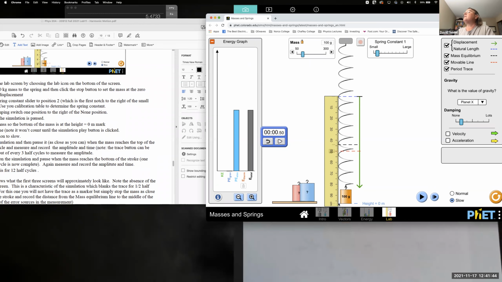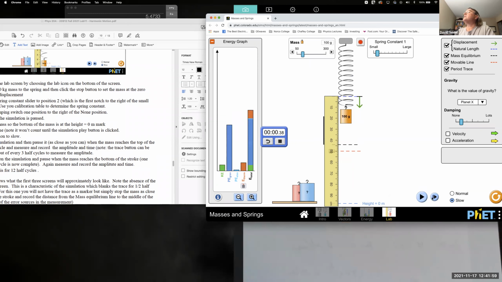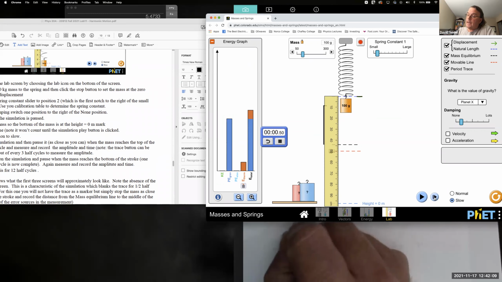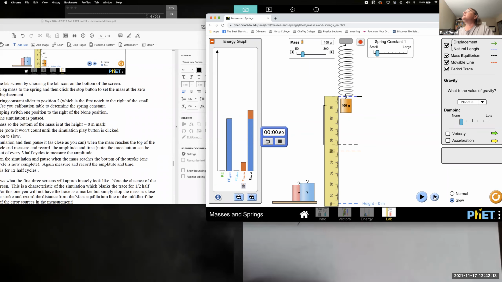x of t equal to half, which is again watching the kinetic energy, x of t equal to 0.5 seconds.